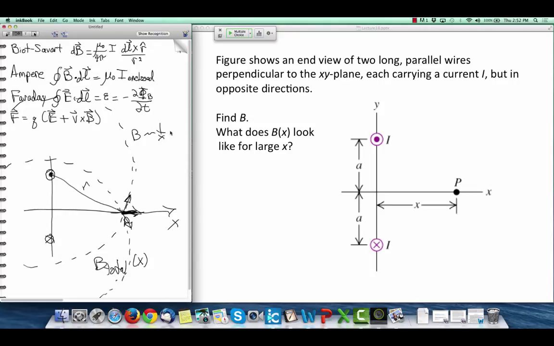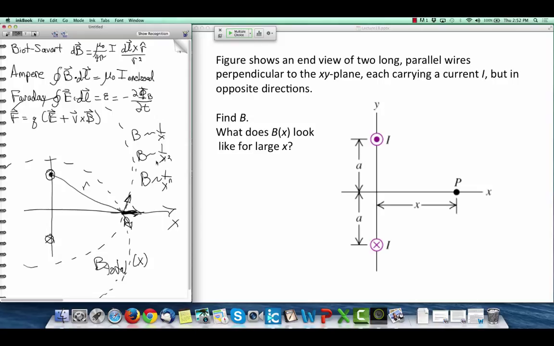Or 1 over x squared, or 1 over x to some other power. It may not be an integer at all, it may be a fraction. And maybe I'll say a little bit more about this in whatever I post. That's what we're looking for.